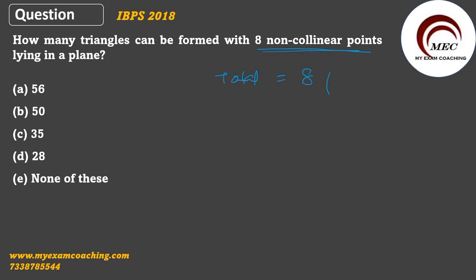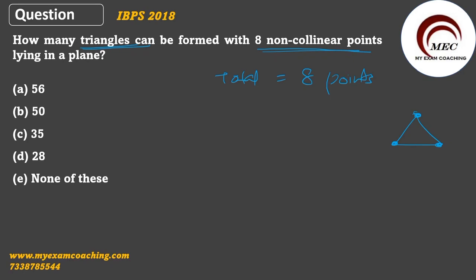And we want to make triangles. So triangle means we want minimum how many points? 1 point, 2 point, 3 point. एक ट्रायंगल बनाने के लिए 3 पॉइंट चाहिए. So total 8 point है तो कितना ट्रायंगल बना सकता है? There are many triangles we can make using these three points taken at a time.